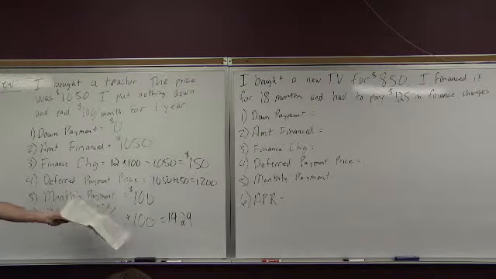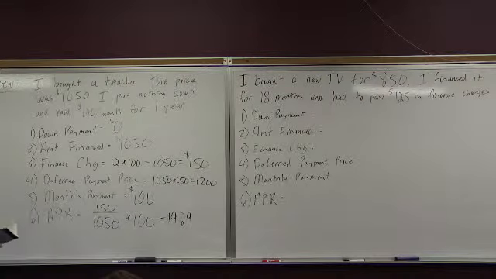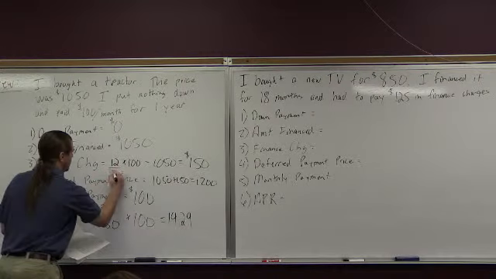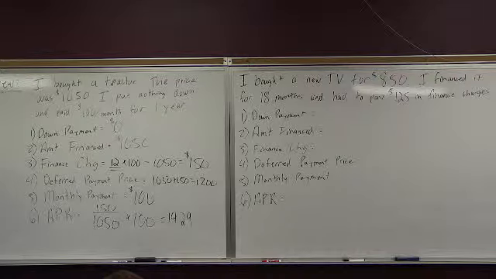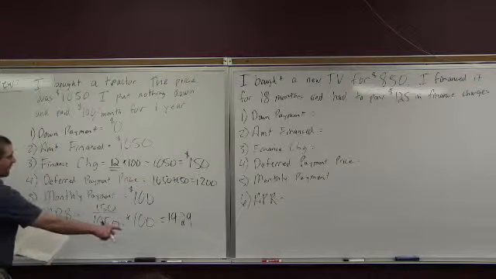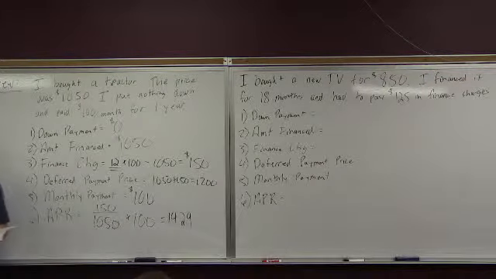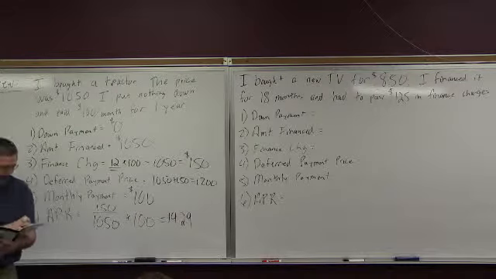So once you get this number, then you want to find this number in the tables along the row that represents the number of payments you are making. So we go to row 12 because that's the number of payments we're making, and we're looking for this number, 14.29. We keep going.